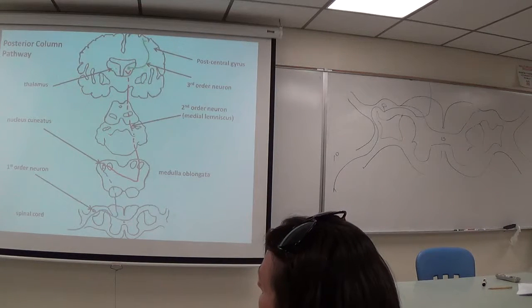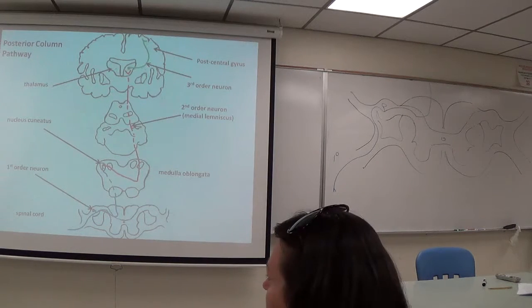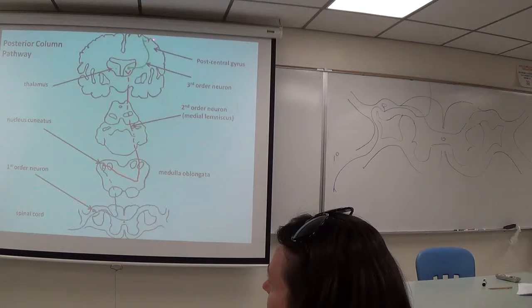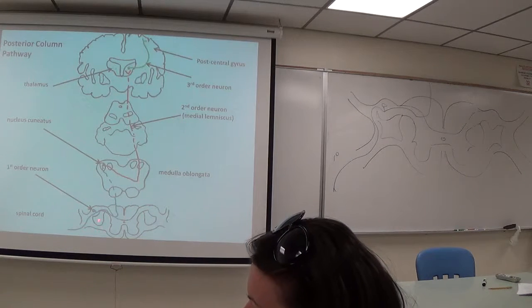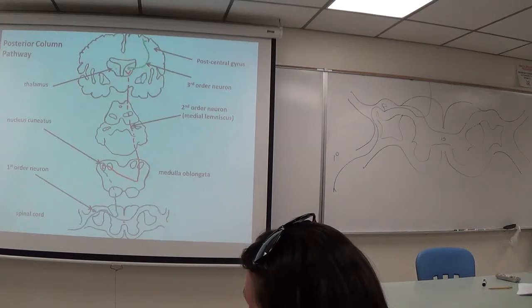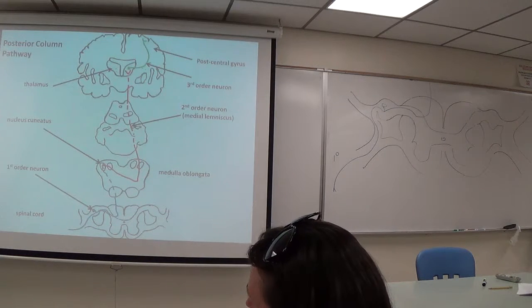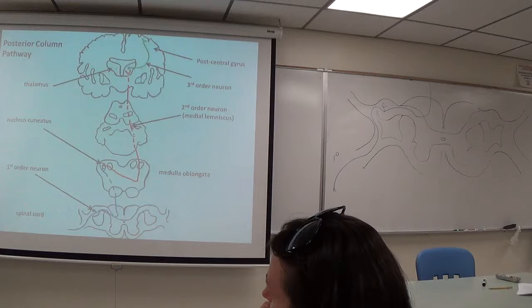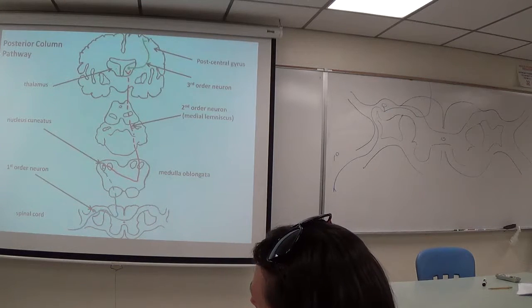Its first cell body is in the dorsal root ganglion. It involves the thalamus. It doesn't end in a cell body, it ends in an axon terminal. If this was a motor neuron, we'd start with the cell body up here. But probably the easiest thing is the fact that we're going posterior, using the dorsal root and the dorsal root ganglion for our first order neuron.